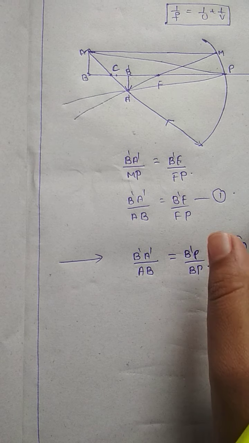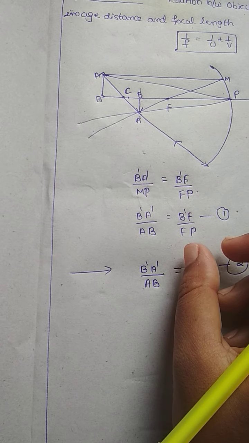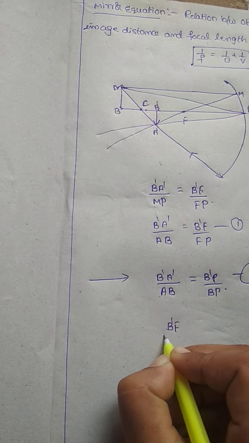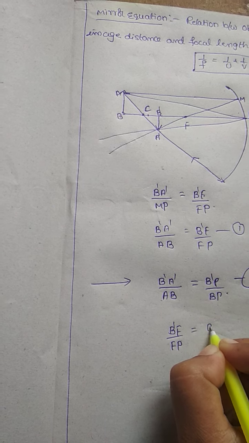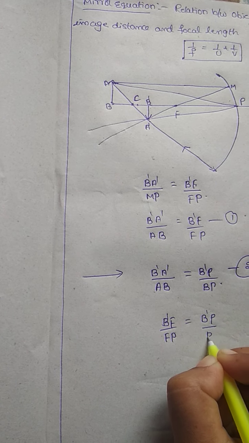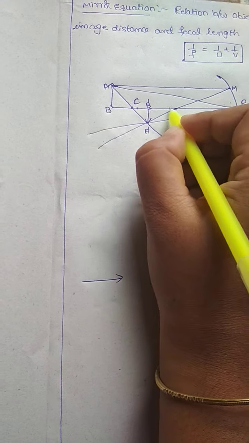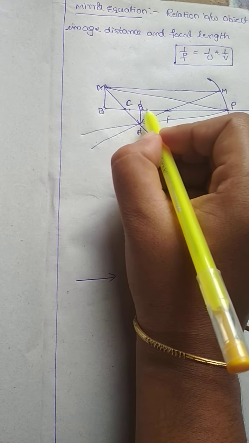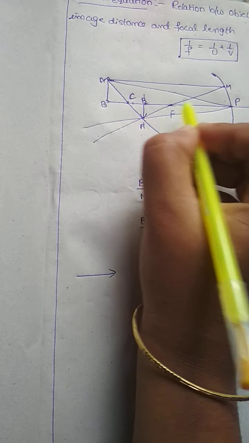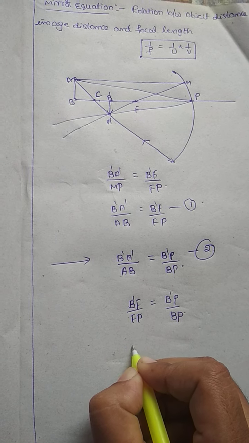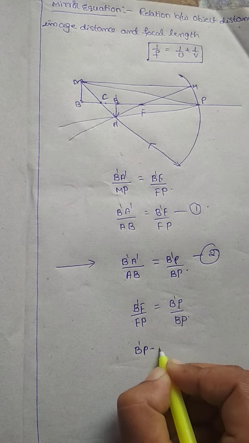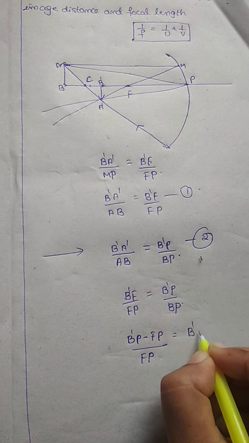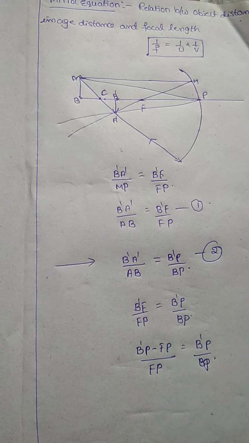From equation 1 and equation 2, the LHS are equal, so we can equate the RHS. B dash F by FP is equal to B dash P by BP. Here B dash F is equal to B dash P minus FP. So (B dash P minus FP) by FP is equal to B dash P by BP.